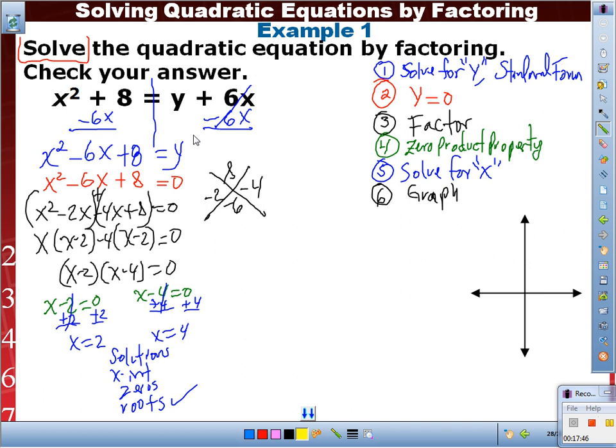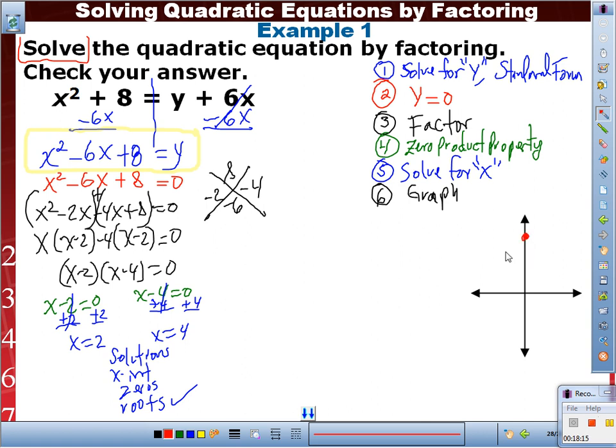Looking at this equation, the one that's in y form, look at it. If I was to ask you to identify the y-intercept, tell your neighbor what you would say the y-intercept is. On 3, everyone. That is correct.